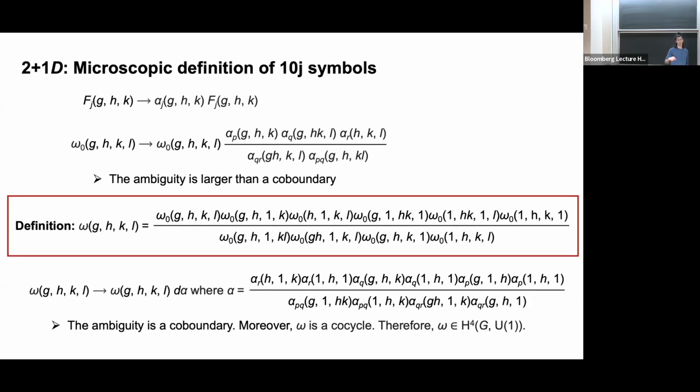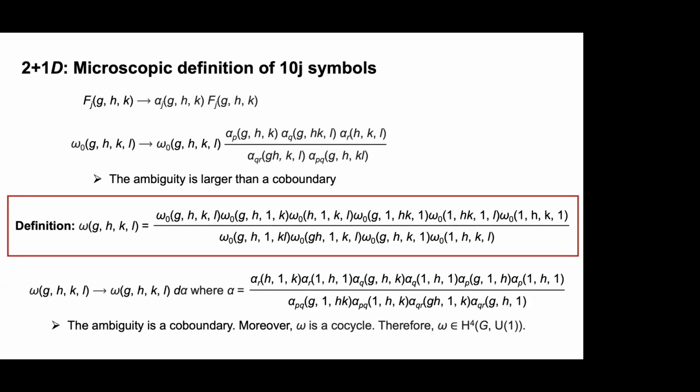But of course, changing by a coboundary does not affect the actual cohomology class. So regardless of which domain wall states we choose, we always get the same cohomology class. Thank you very much.